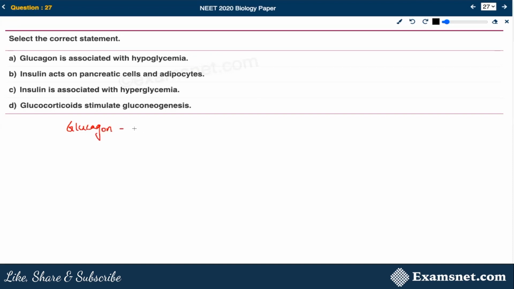So glucagon increases the blood glucose level. Since this is going to increase the blood glucose level, it is known as a hyperglycemic hormone.